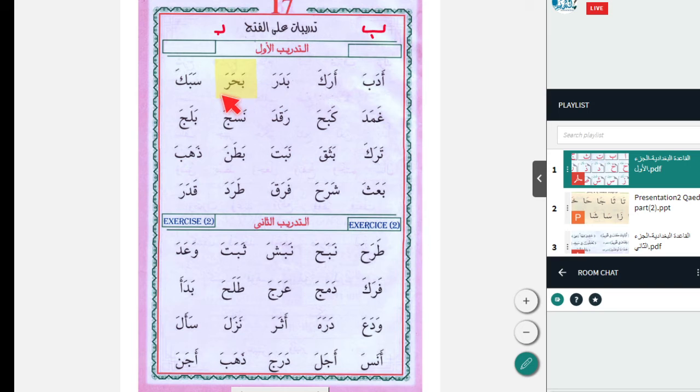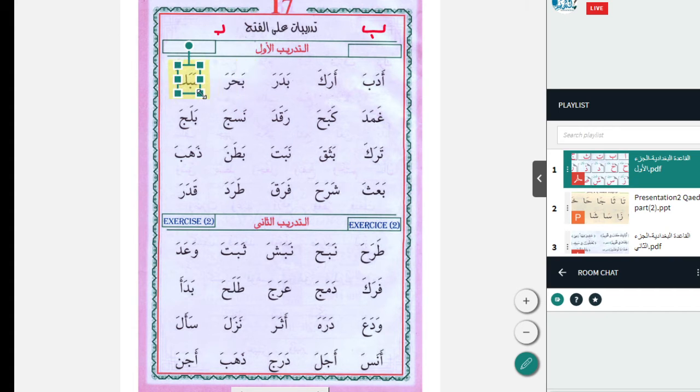And the last letter is ra. Very good. So we need to join the 3 together to make one word. Ba, ha, ra, بحر. بحر.